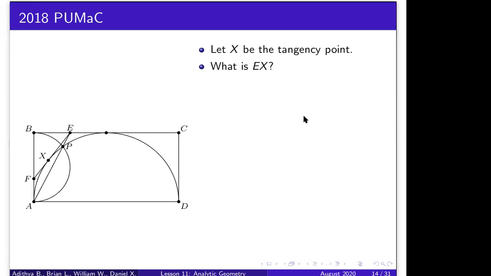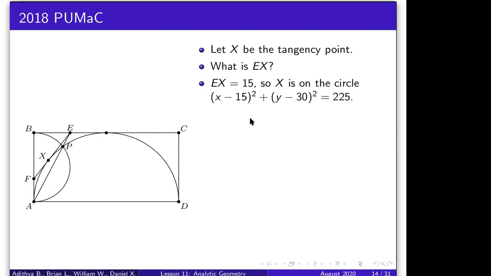And to do that, we can find the coordinates of X. So yeah, EX turns out to be 15, because note that the distance from E to the circle along its tangent is EX, but this is another tangent from E to the midpoint of BC, and since the tangents from E have the same length, and since BE was 15, the distance from E to this point here is also 15. So that means EX is 15.